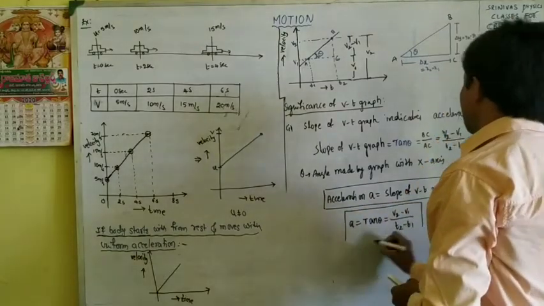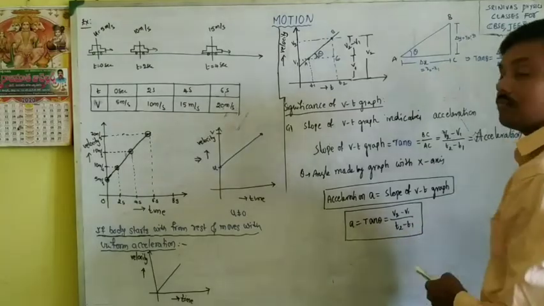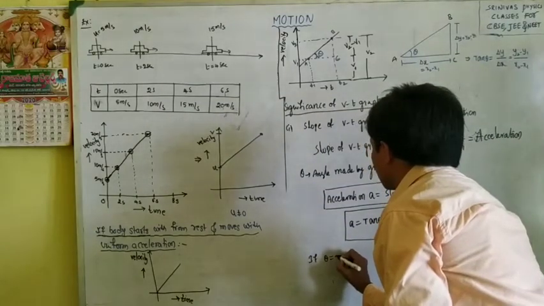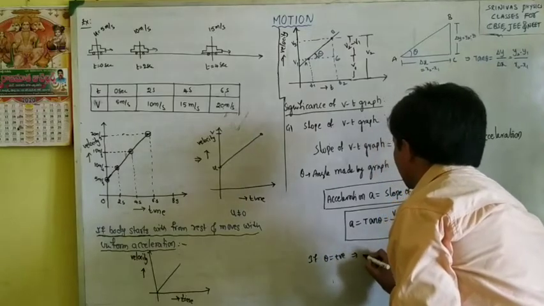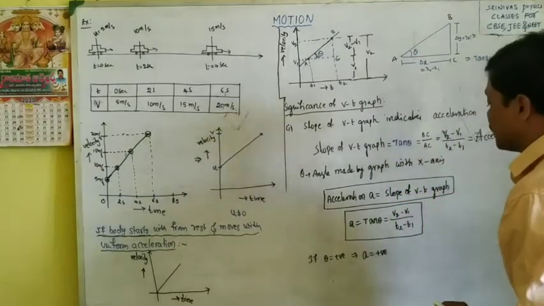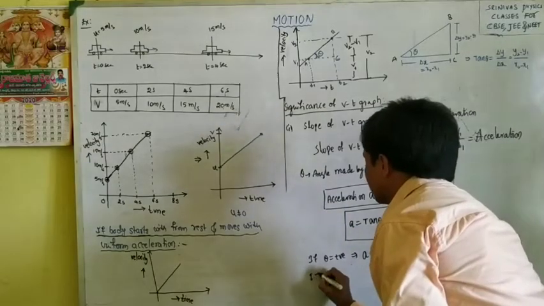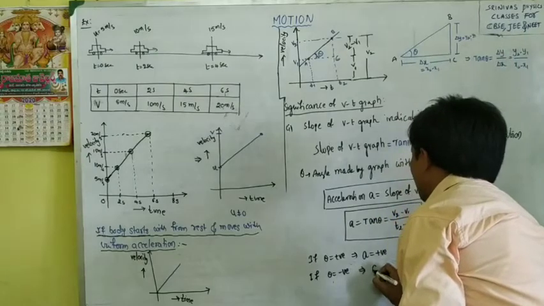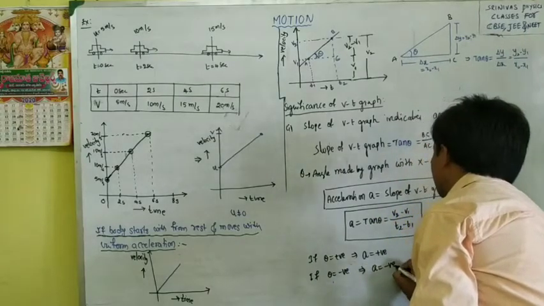Now, when will we get positive acceleration? If theta is positive, then acceleration is positive, because acceleration is equal to tan theta. If theta is negative, then acceleration is negative.